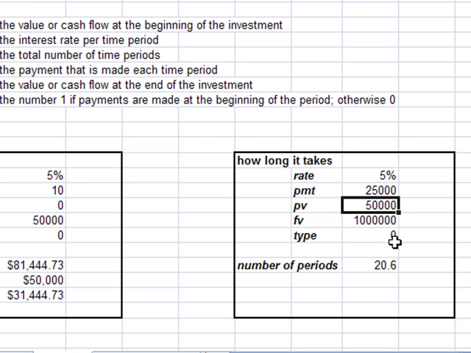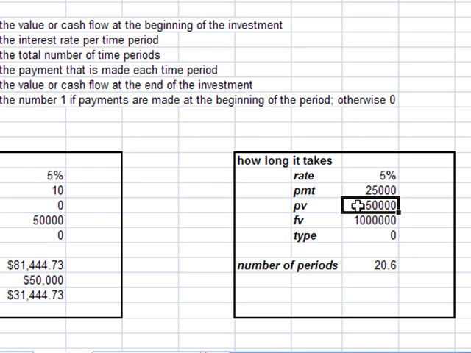So let's assume that I'm looking to become a millionaire, and I have a certain amount of money that I've saved up for investment, and I'd like to see how long it'll take, assuming I put that money in the investment and I earn a certain amount of interest.